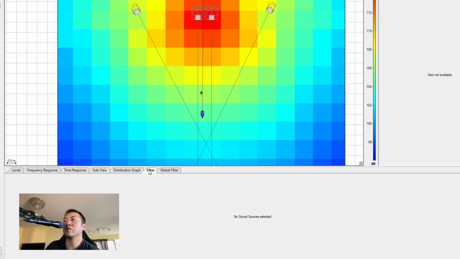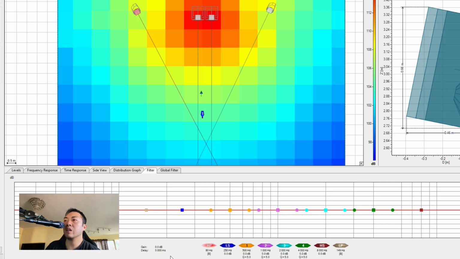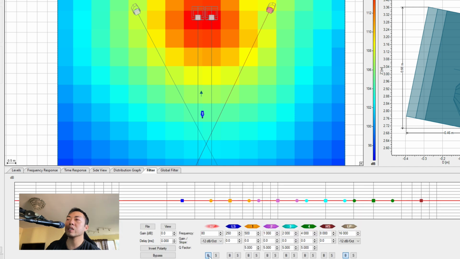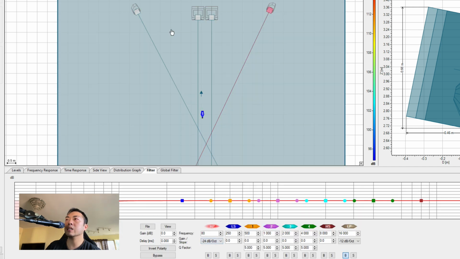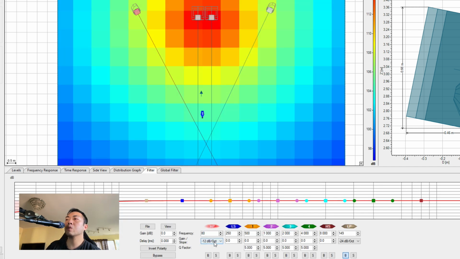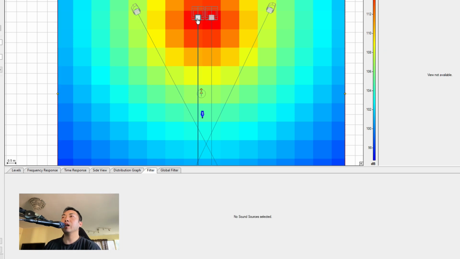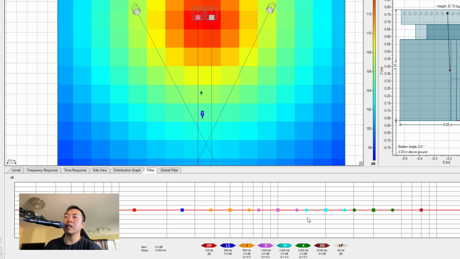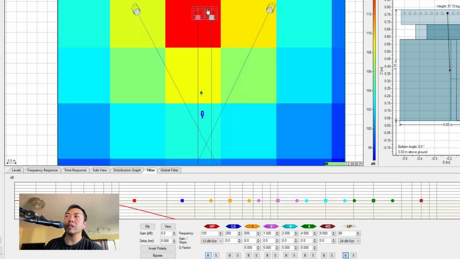Now, just for comparison, I'm going to reactivate the filters, like putting in the crossovers, as they call it. All that really does is mean that the highs don't play a lot of the bass, and the subwoofers don't play the highs that the other speakers are supposed to be doing, which means that each individual speaker can play a bit louder.